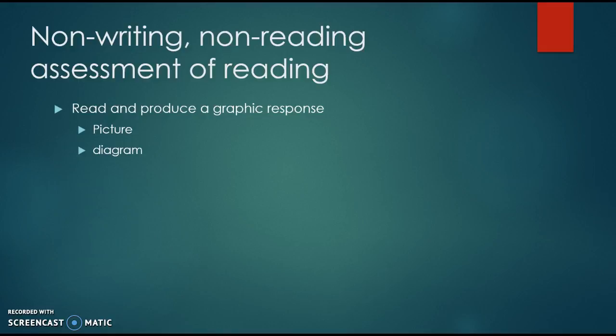When you're assessing reading, in order to cleanly assess reading, you have to separate reading comprehension from the other skills, like writing. And if you're always testing reading through writing, you're really testing both. So an option to avoid that, you could have them read and then produce some sort of graphic response, like a picture or a diagram.